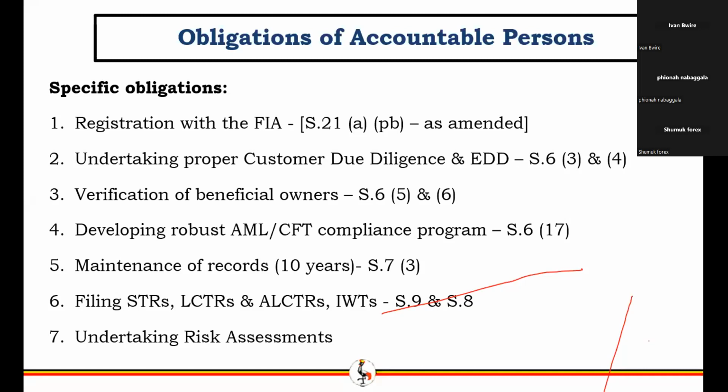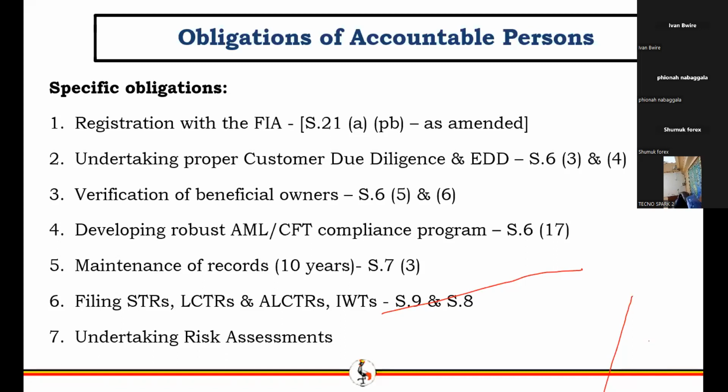Verification of beneficial owners, I've hinted on this. The law requires that you obtain adequate information on the beneficial owners. If your clients are companies or legal entities, you are supposed to establish who the shareholders are, or what the control structure of that company is like, who are those people behind the company that have control over the company.